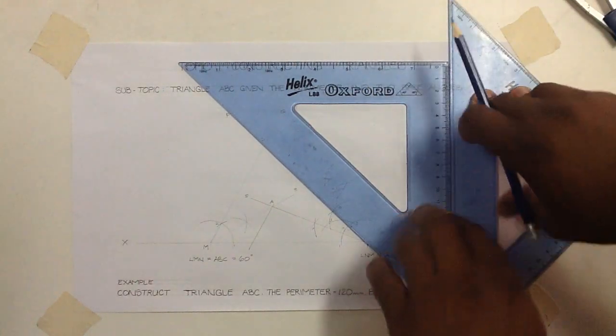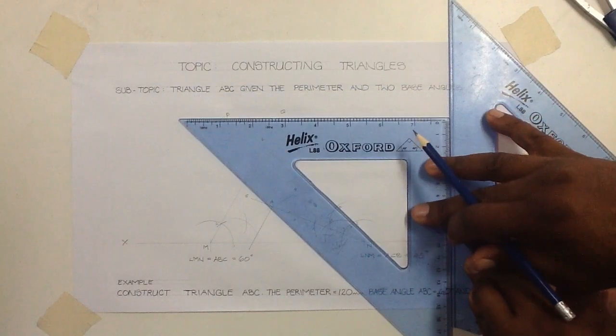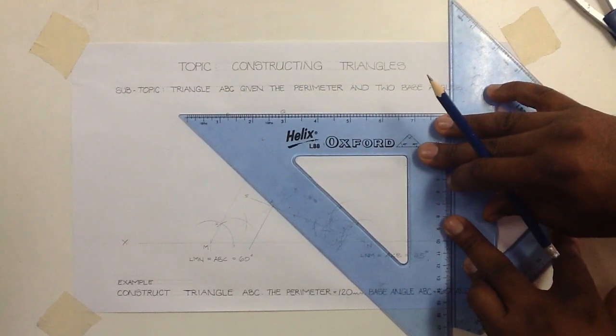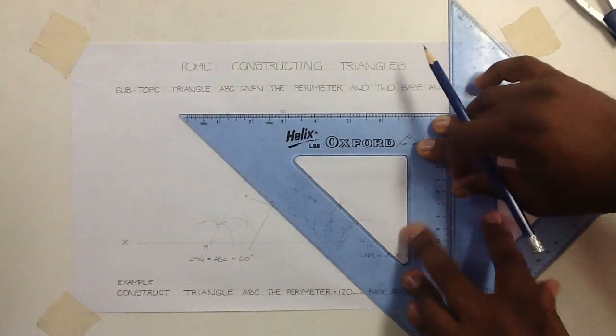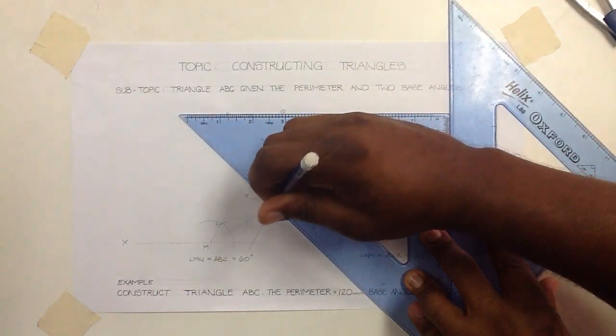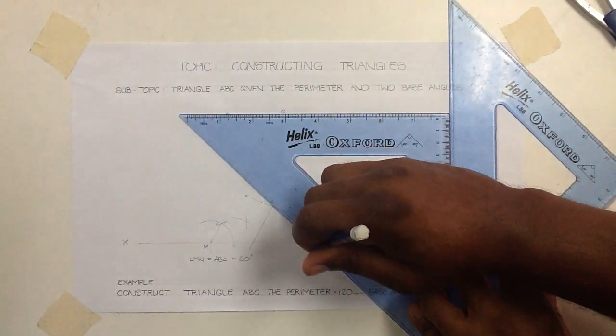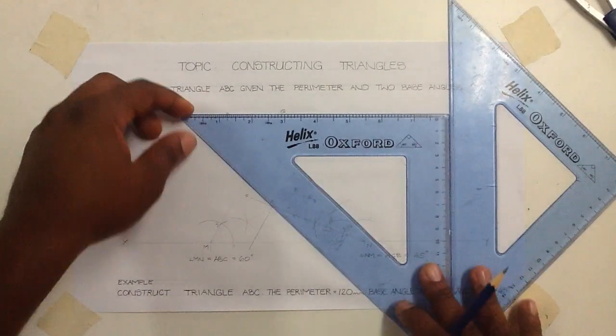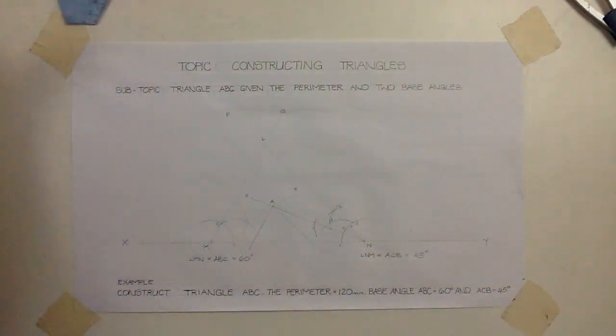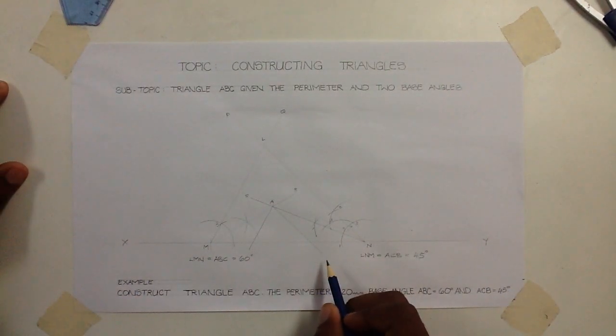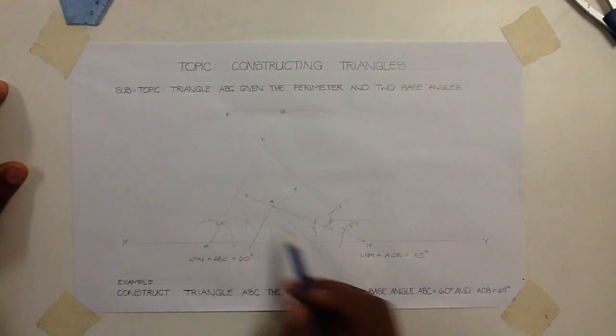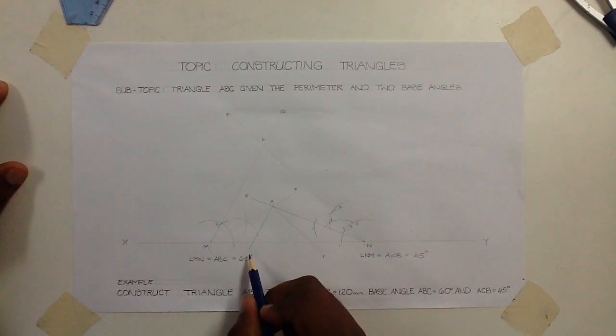And then we slide it down to point A. And we draw a line from point A to intersect with our line segment MN. So now we have line, let's label them. This will be S, T, and U.